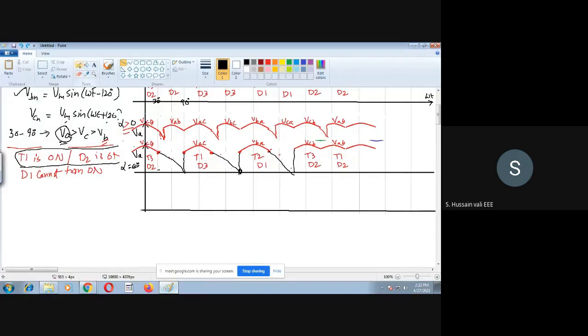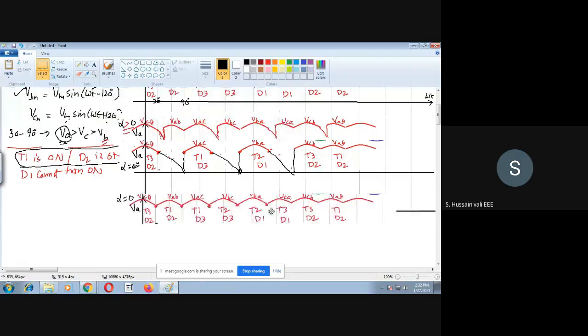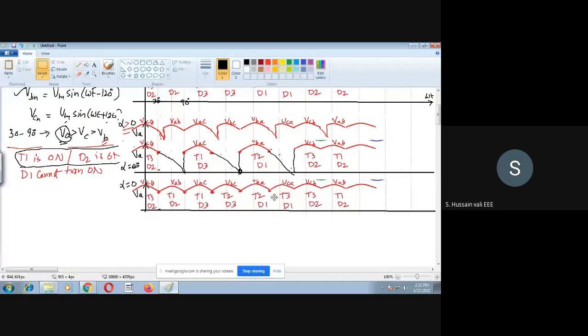One thing I will tell, I'll bring this here once again. So for alpha equal to 90, I will draw now.